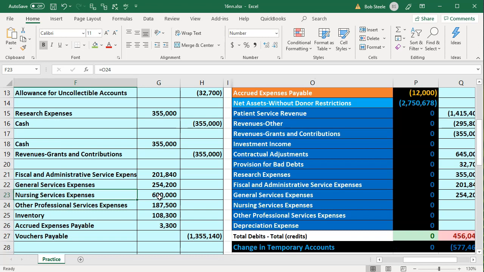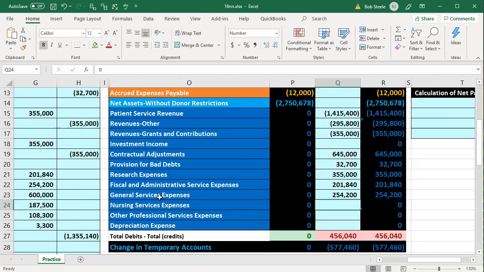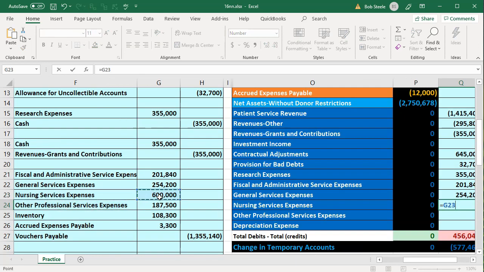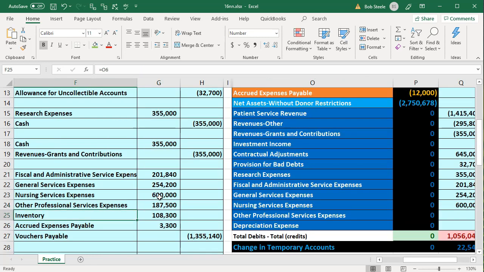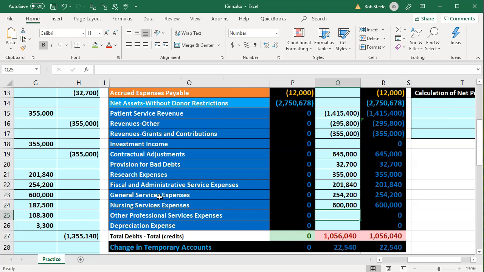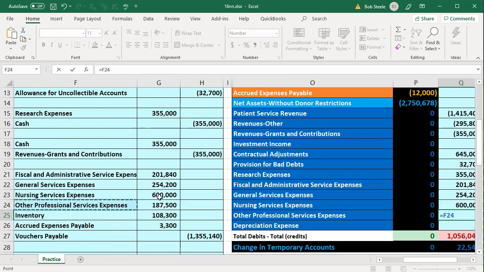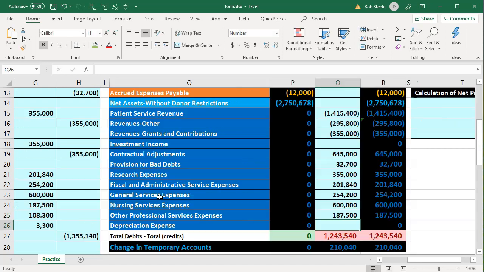Next one is going to be the nursing service expense. So we're going to scroll over to the nursing service. That's in Q24, equals, and we're going to scroll over and pick up that 600,000. Enter. Next, we have the other professional service expenses. That's going to be in Q25, where we will say equals, scroll over to the other professional services and enter.